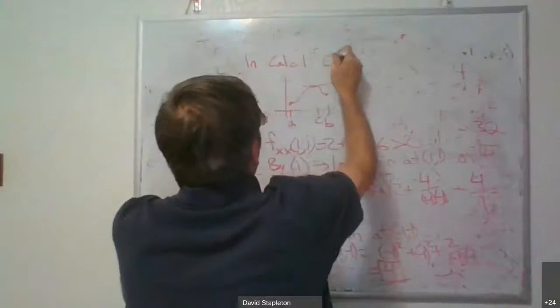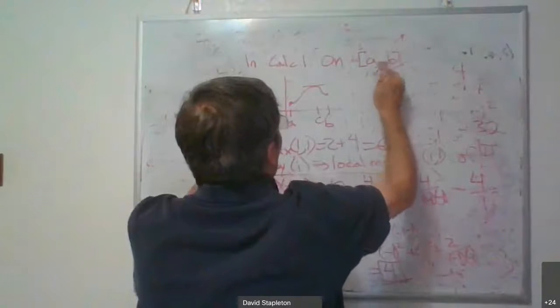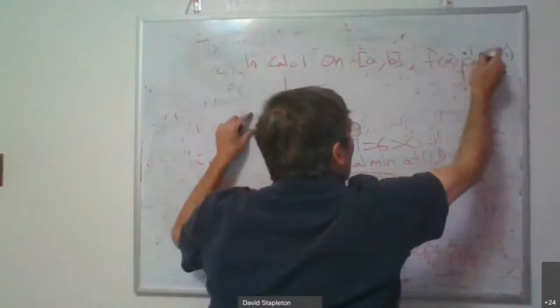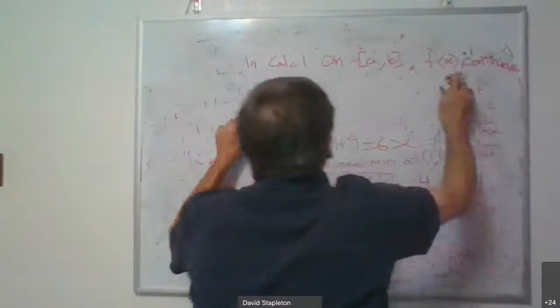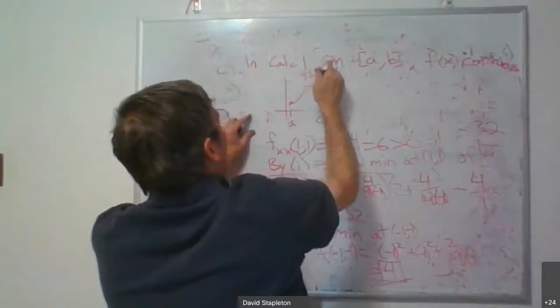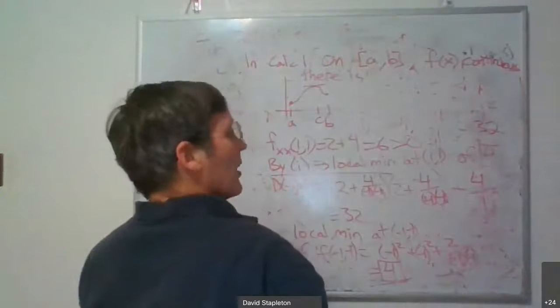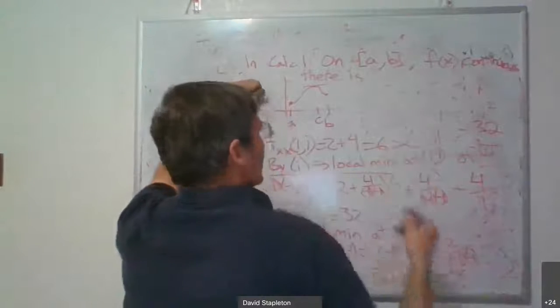And so on this closed interval, on a closed interval AB, with f of x, there is a highest point and lowest point, a global maximum, also called an absolute maximum.